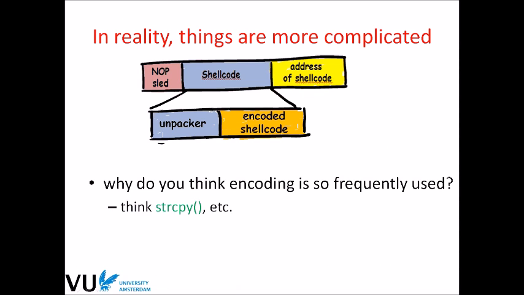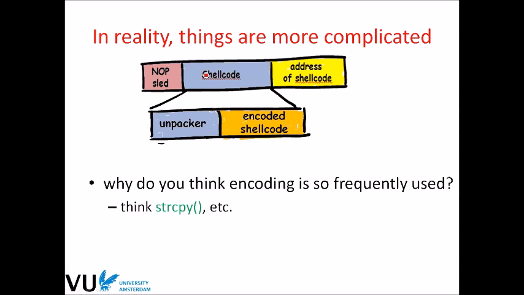Now, in reality, this is what shellcode frequently looks like, but things are a little more complicated, because very often the shellcode will not be the actual real shellcode that the attacker wants to execute, but rather it will often be packed. So it will often be encoded in a clever way.